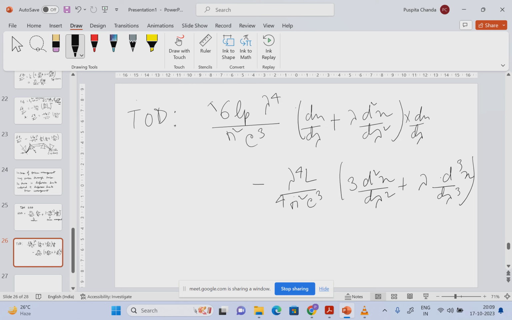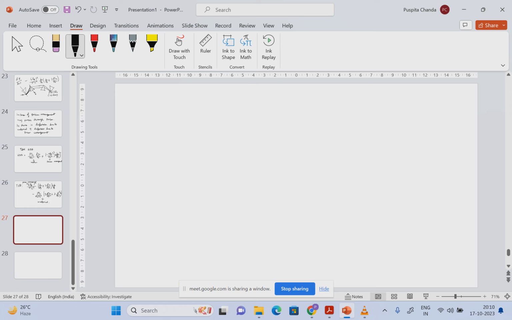And this is because of the prism arrangement, and this is because of the material.